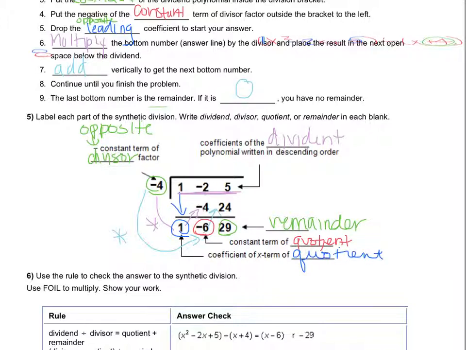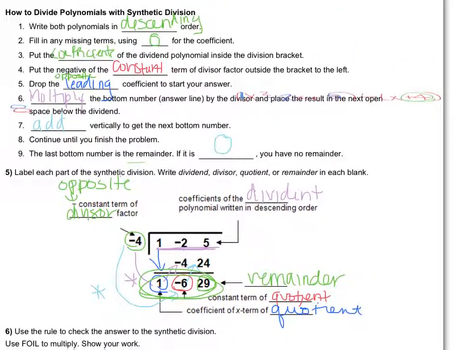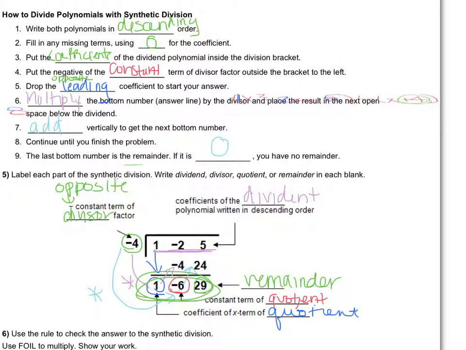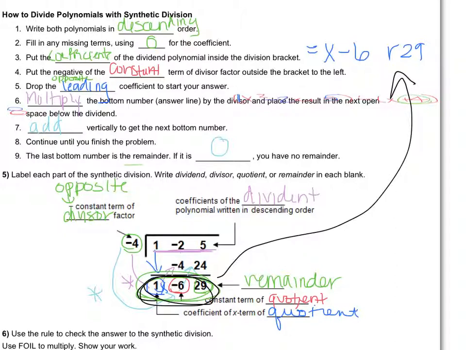So how this answer works down here says that if I were to divide 1x squared minus 2x plus 5 divided by x plus 4, I would get an answer of 1x minus 6 with a remainder of 29. That is how this answer down here at the bottom translates into an answer for the actual problem.